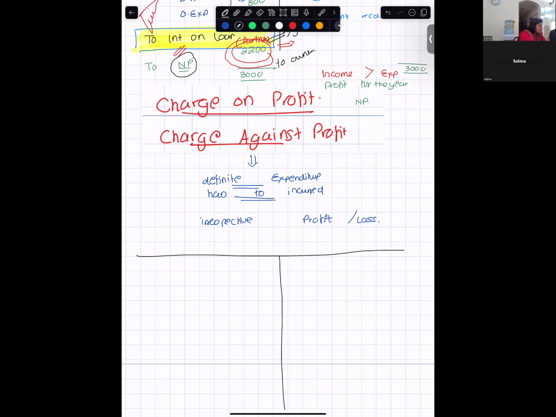Okay, so this is the profit after all expenses. Now it belongs to whom? Owners. So this net profit is now belonging to the owners. It will come in an account which is called the profit or loss appropriation account.